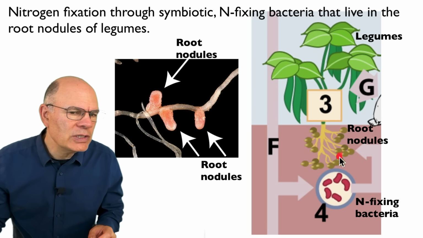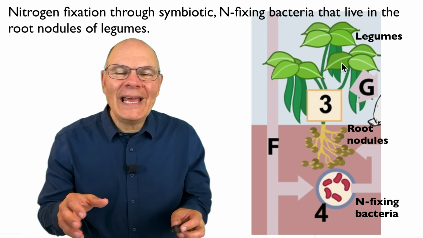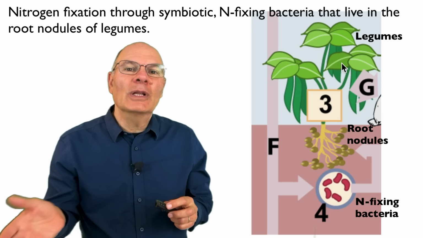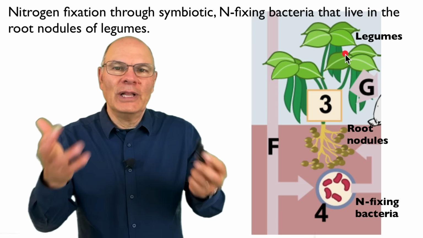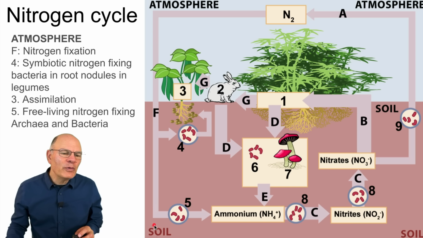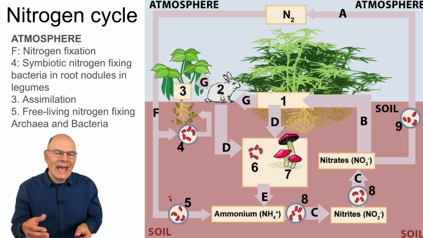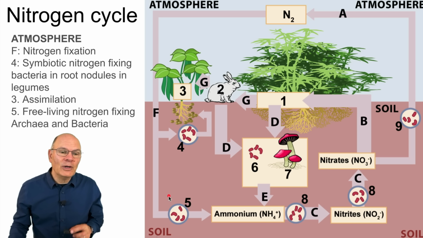And here you see those nodules over there, and what will happen is that those plants, the beans, the peas, will absorb those ammonia compounds and use them to build nucleic acids with nitrogen and proteins. But there are also free-living archaea and bacteria in the soil, and they'll do the same thing. They will convert atmospheric nitrogen, N2, into ammonia compounds.